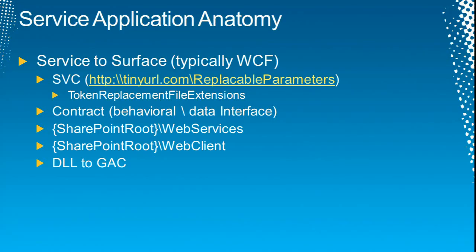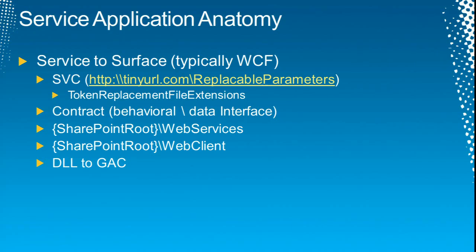But if you don't have the service already existing, well, then you've got a couple of things you need to consider. First of all, you're going to have to create some kind of WCF service. Right? You're going to need an SVC file that's going to say, I have the capability of surfacing this guy. Don't miss the replaceable parameters in the service host factories if you're going to auto-generate your endpoints. I'll talk about that a little bit later in the talk.